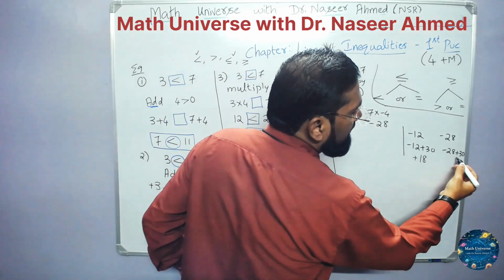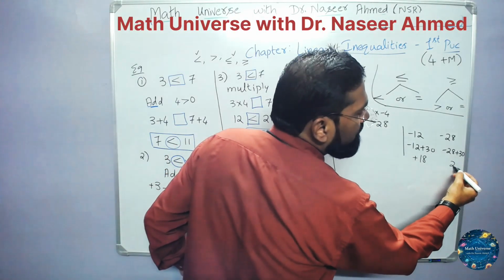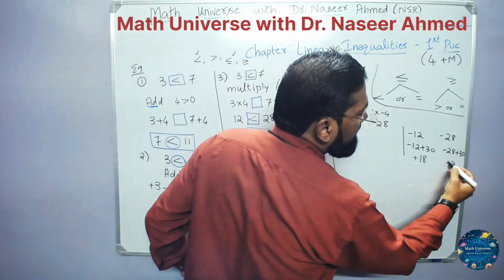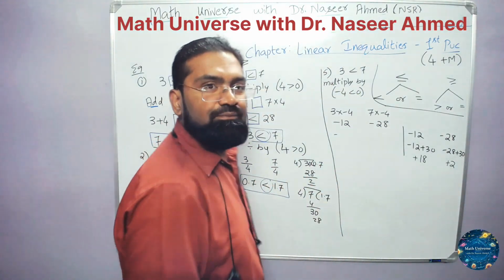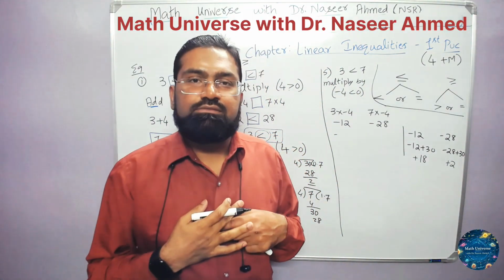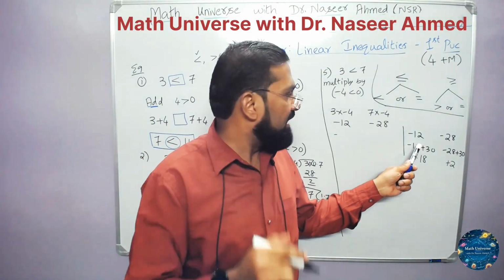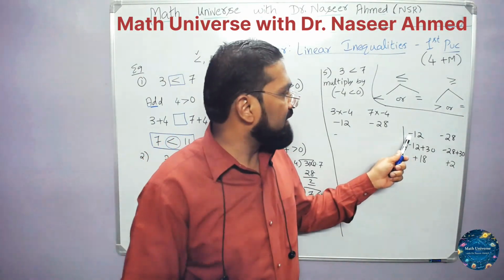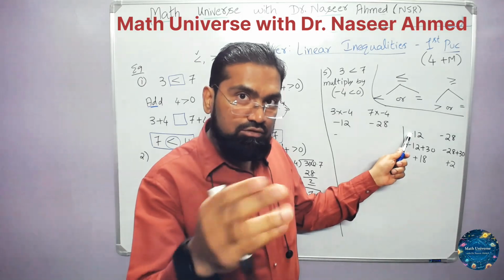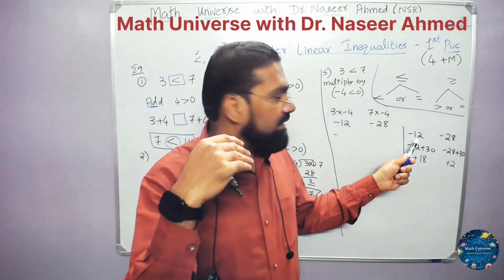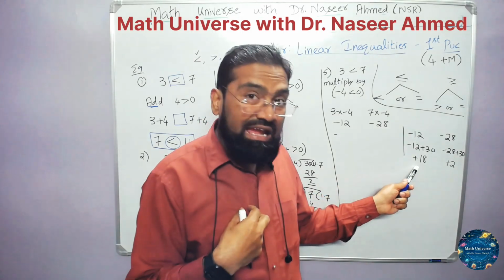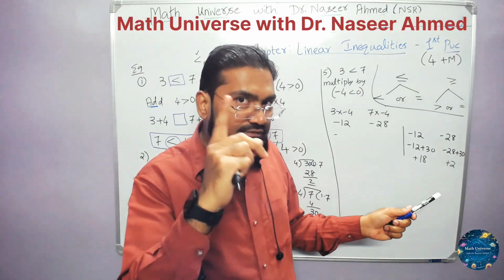Here also signs are different, so I subtract and get 2. The larger number is 30, so plus. Now what is the meaning of this? I had 30 rupees, and in the first case I have given 12 rupees. Since I have given, it is a minus sign. Since I gave a person 12 rupees, I have got only 18 rupees in hand. First scenario.